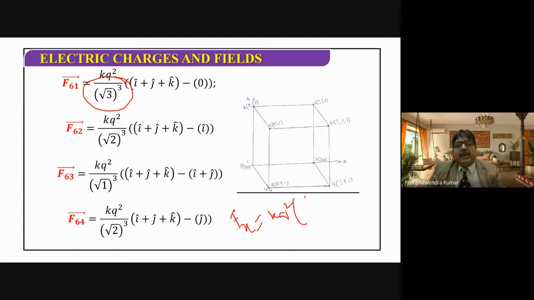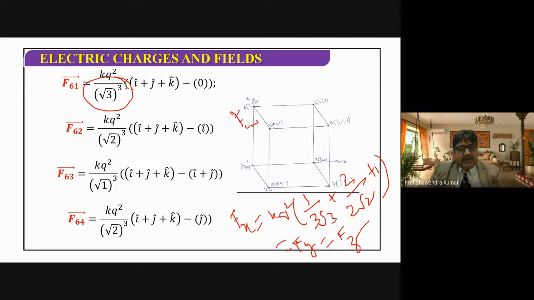So it will be 1 by 3 root 3, correct? Root 2 cube will come twice. So 2 divided by 2 root 2, right? And 1 will come only once. So it will be 1 by 3 root 3 plus 2 by 2 root 2 plus 1. That will also be Fy, that will also be Fz.